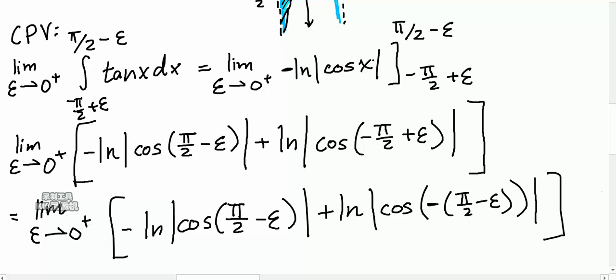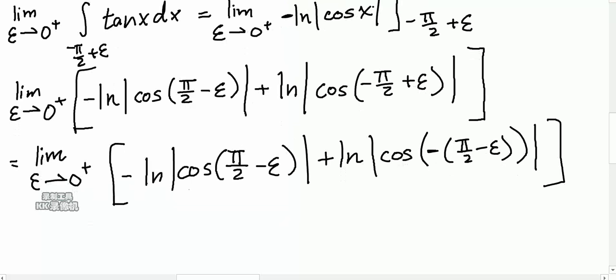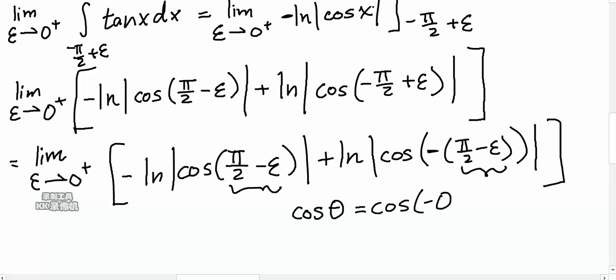And what is amazing is that right over here, you have pi over 2 minus epsilon, and right over here, you also have pi over 2 minus epsilon. And you know from your rudimentary trig identities that cosine of theta is equal to cosine of negative theta, because cosine is an even function.